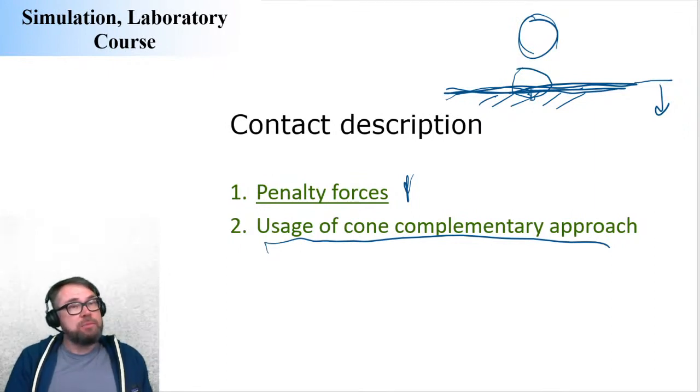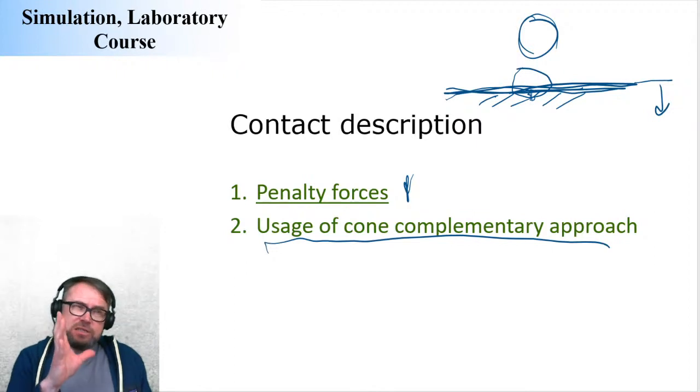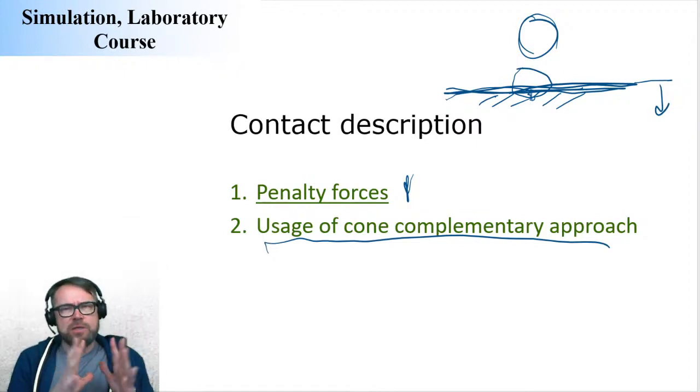So it's not going to be a big problem to use it. It still comes with certain complications and difficulties. But if you have more bodies than that, if you deal with 1,000 bodies, 100,000 bodies, 10 million bodies, then the only way to go would be this cone complementary approach and these inequalities.